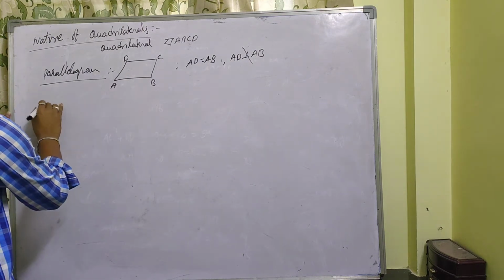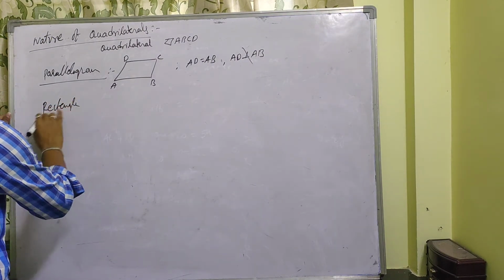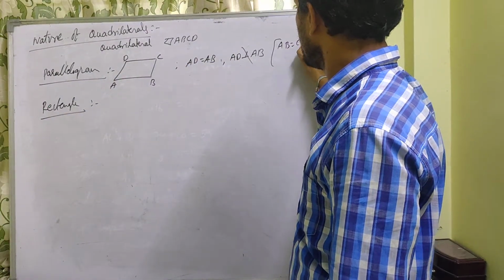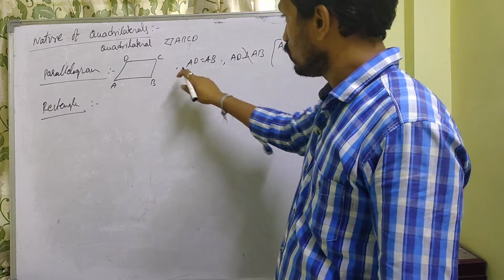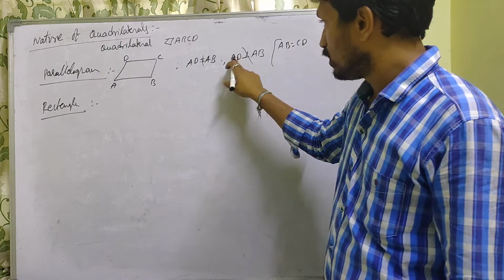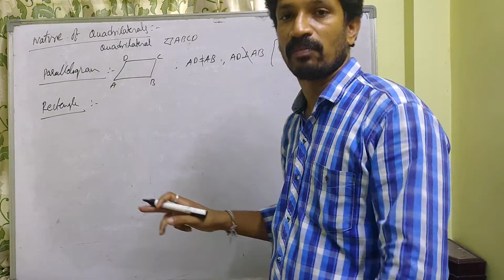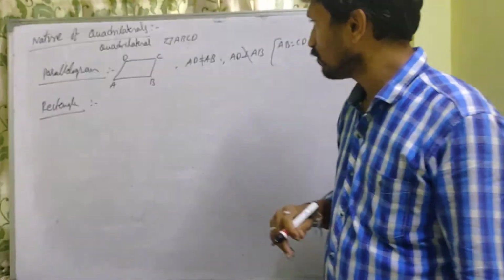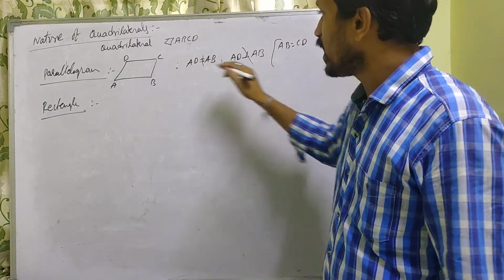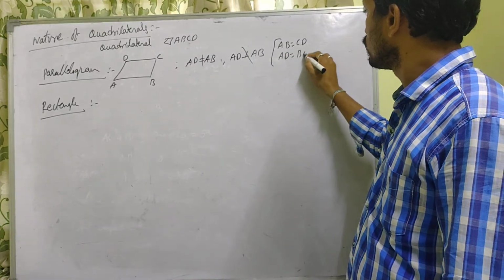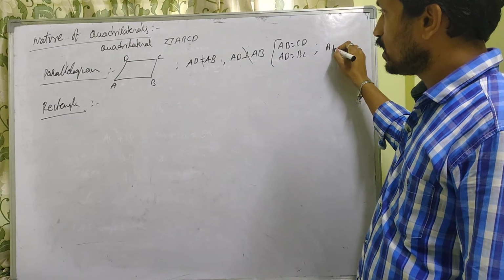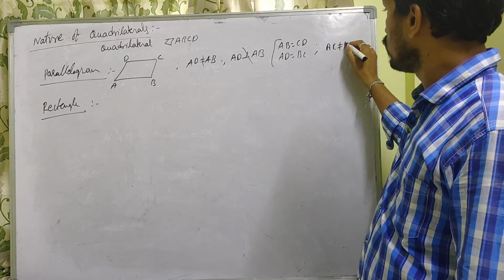Next one, rectangle. In other words, we have one more method. AB is equal to CD and AD is equal to BC, and one more thing you have to say, AC is not equal to BD.